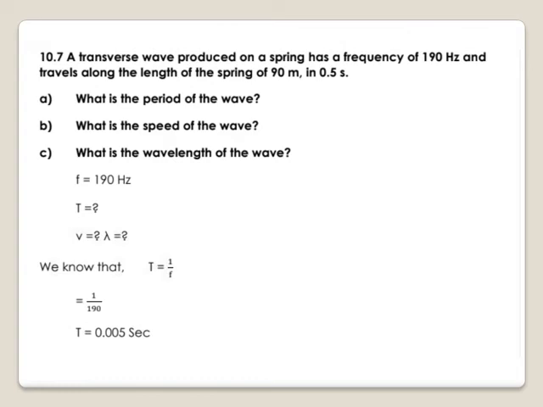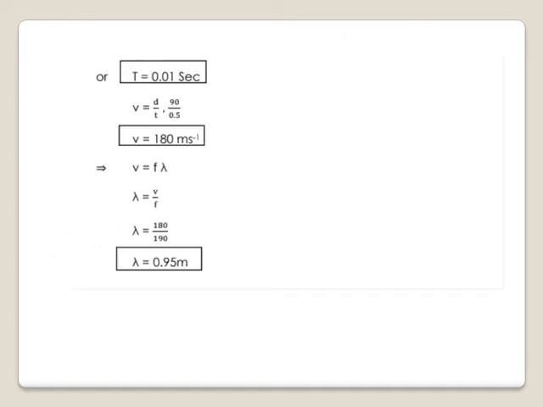So as we know that time period and frequency are reciprocal to each other, so simply the time period will be 1 divided by frequency, so we will get the time period as 0.005 seconds. In our previous studies we also came across the distance formula, s = vt.